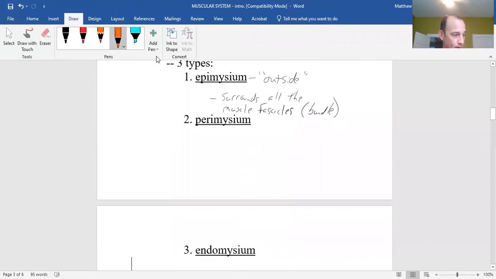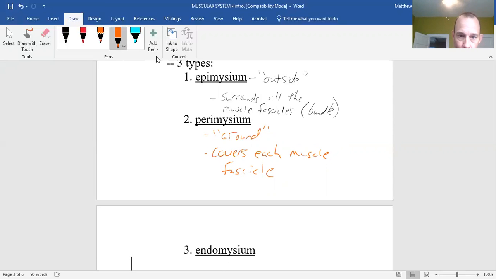So the perimysium, peri means around, and it surrounds or covers each muscle fascicle. Again, like each wrapper of a crayon.